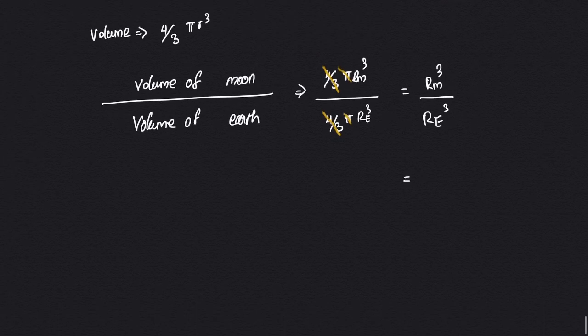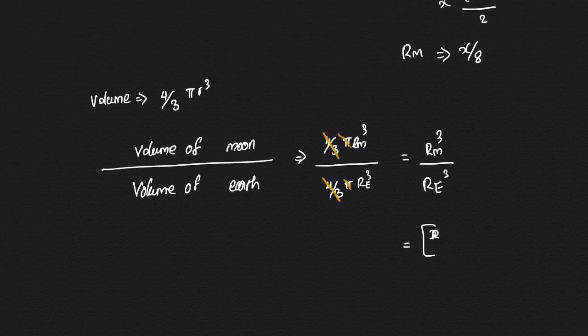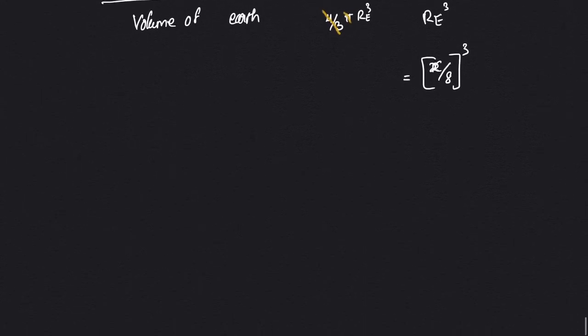Just replacing the radius of moon, x by 8, then whole cube, divided by the radius of earth, which is x by 2.